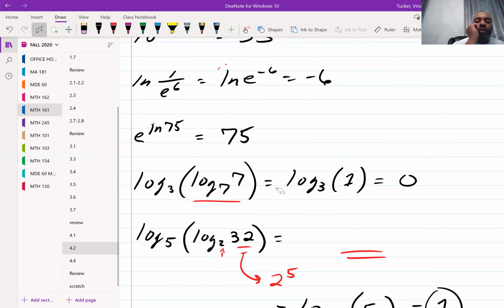So the next one, log base 5 of log base 2 of 32. Since we have this base 2 here, we can break up the 32 in terms of 2. You always want to do that if possible. You compare the base to the number that you have, and you break it up according to that number.